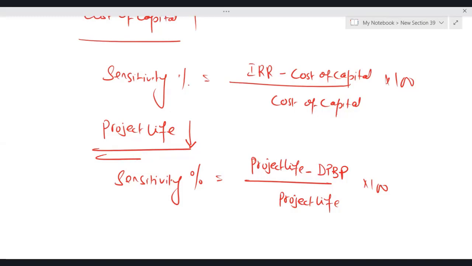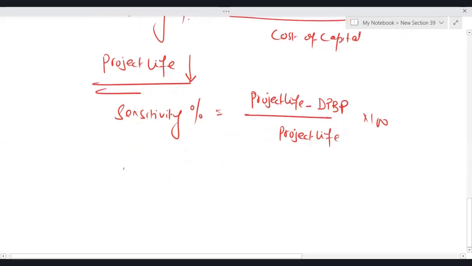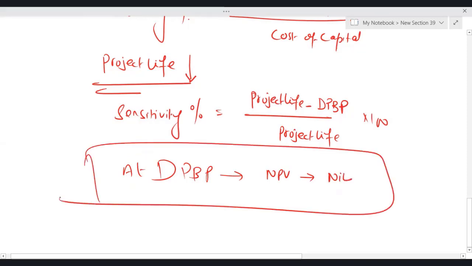So if your project life reduces to the discounted payback period, then your NPV becomes 0. So logically, at discounted payback period, NPV will be nil. Is this clear to everyone? Great.